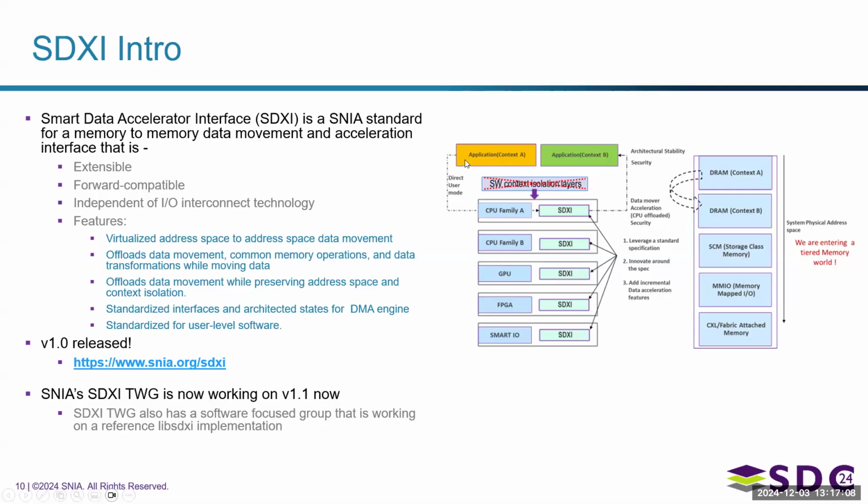And the application will have direct access to the interface. That means you will cut down a lot of the software layers that exist today for describing work to an IO device or an engine or anything of that sort. So that's where some of the benefits of this interface come through.